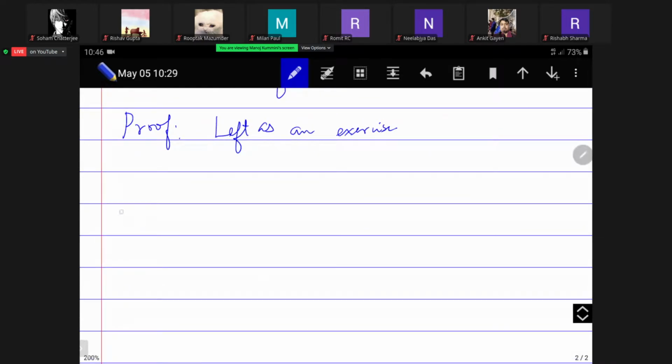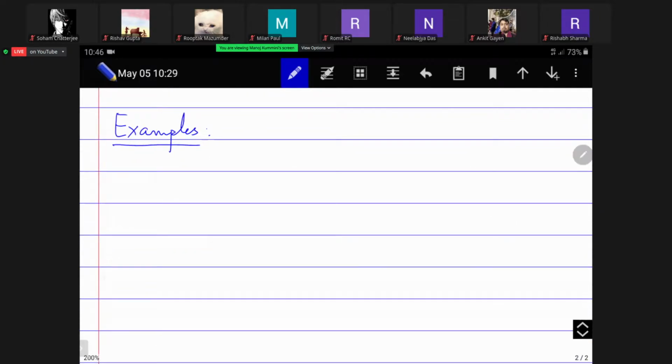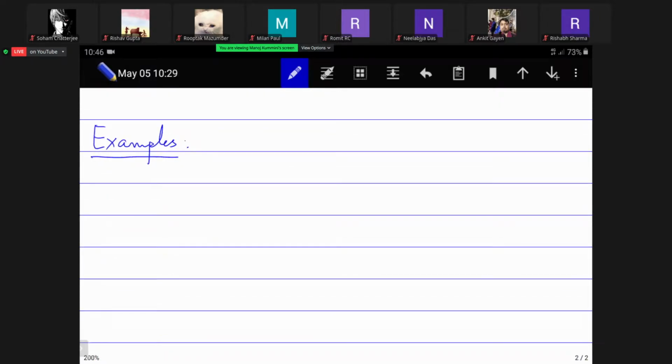So let's look at a couple of examples. Let us take sort of the first non-trivial example. Let V be R2, this is example one, and let W be the span of the vector (1, 0), which we can think of as the x-axis.